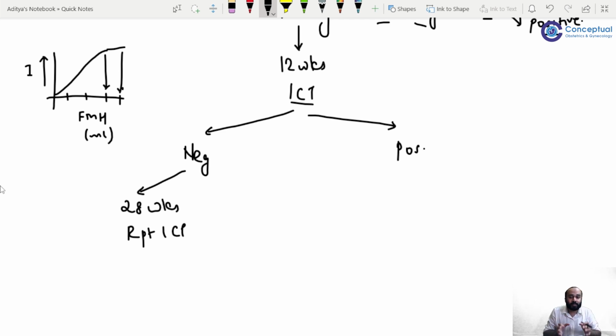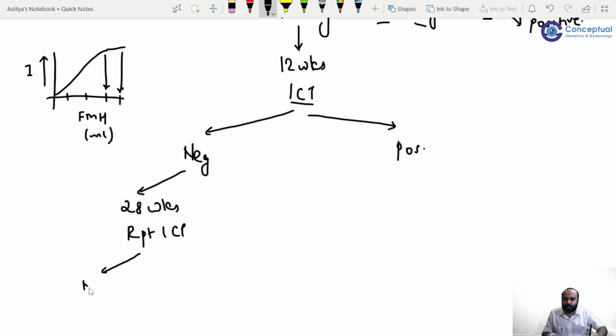So these are all major events in which a pregnancy continues. I'm not talking about abruption and all those things because you would be terminating the pregnancy then. But the events that I just spoke of are events in which there has been feto-maternal hemorrhage, but the pregnancy has continued, which is why it is very important that you repeat the ICT at 28 weeks of gestation.